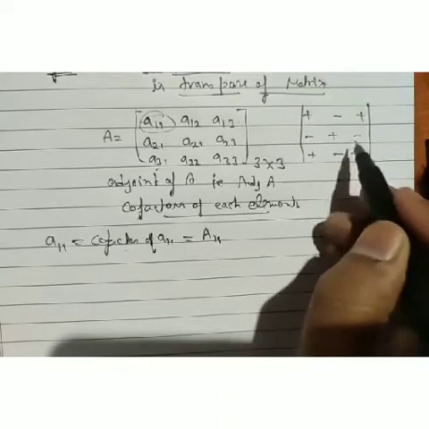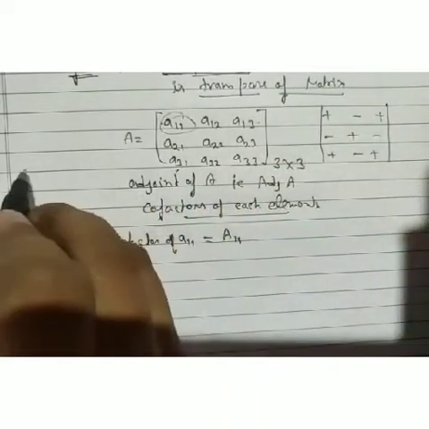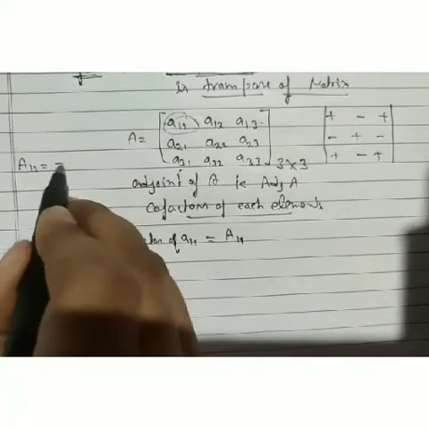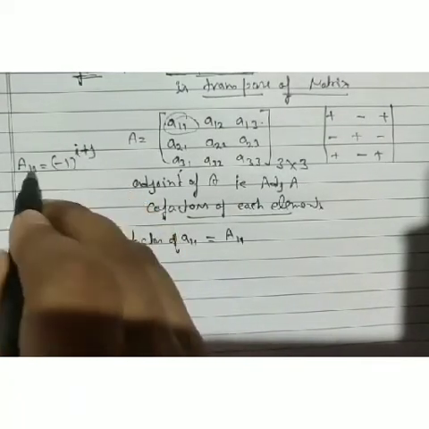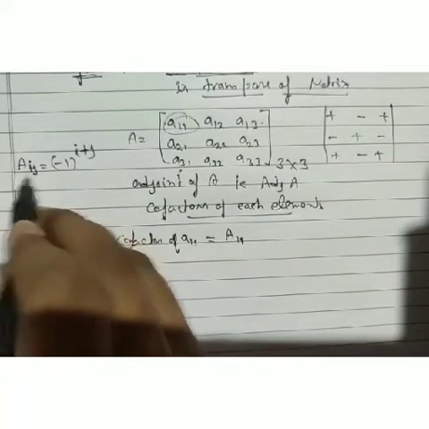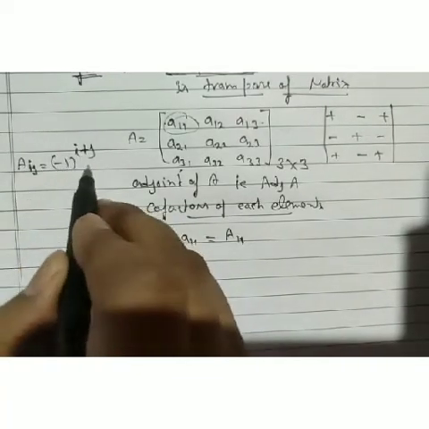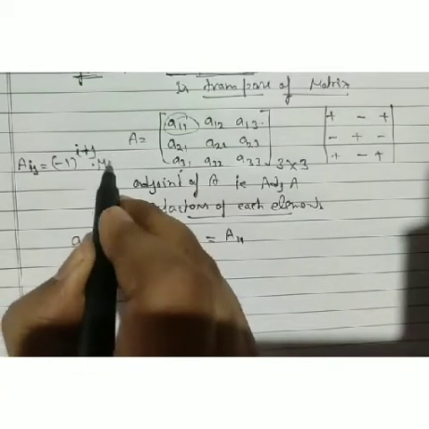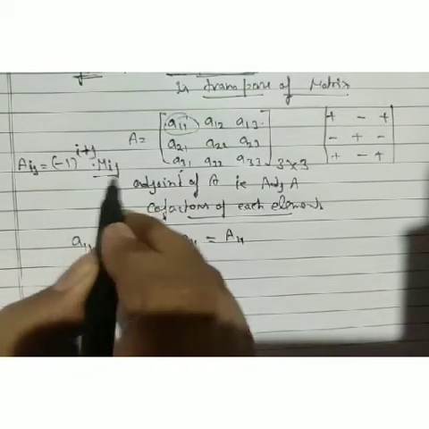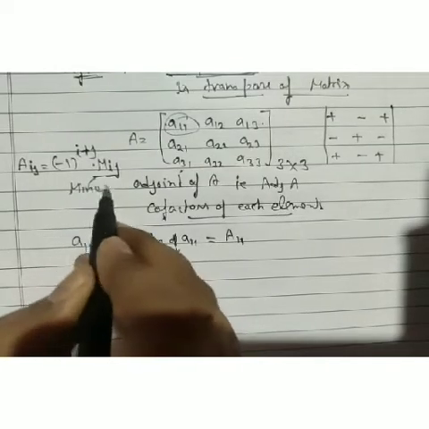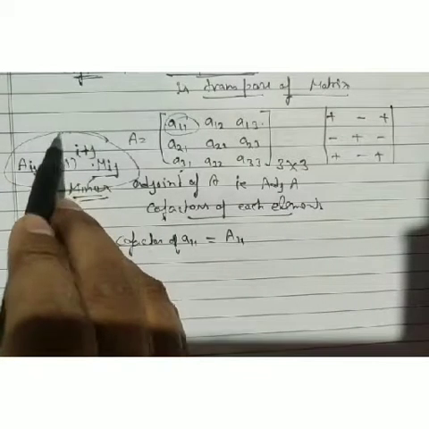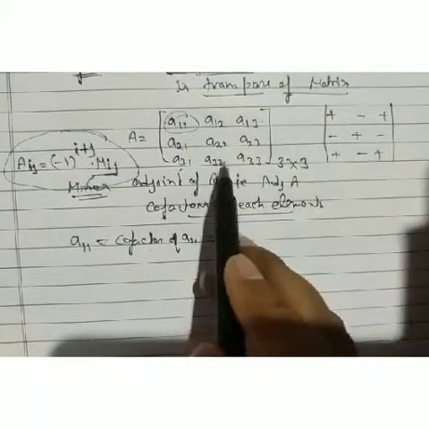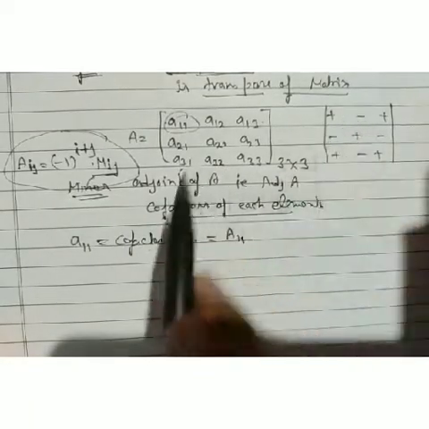Or to find any cofactor Aij, we use minus 1 to the power i plus j, times its corresponding minor Mij. You can use this standard formula, or you can find the minors and use the sign convention to get the cofactors.